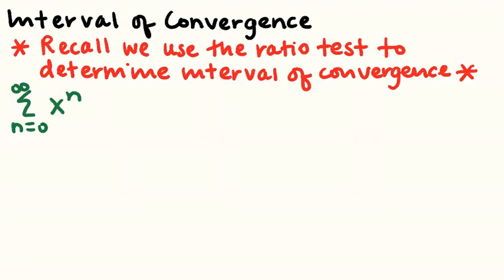Let's do that. Okay, so we know the Maclaurin series for 1 over 1 minus x is the sum of x to the n. Just geometric with first term 1 and common ratio x. Okay, well, we'll do the ratio test, and we'll take the limit as n goes to infinity of the absolute value of a n plus 1 divided by a n.